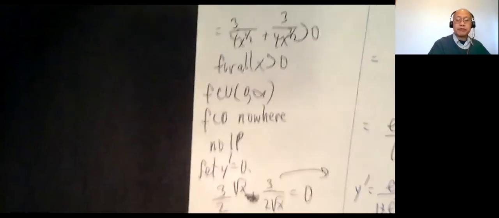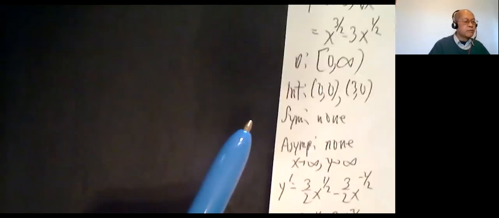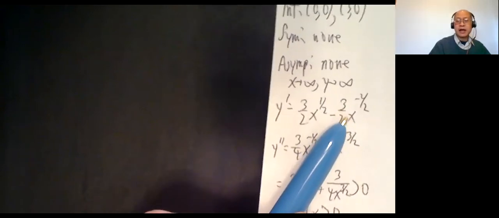All right, so I'm going to set y prime equal to 0. So y prime way back here was this. I'm going to rewrite this as 3/2 radical x minus 3/2 over radical x, like that. That one was x to the 1/2. This is x to the 1/2 with square root of x on the bottom.